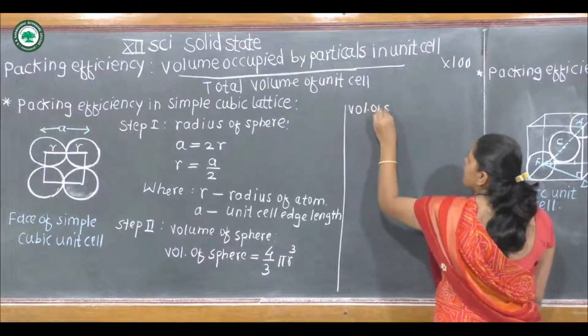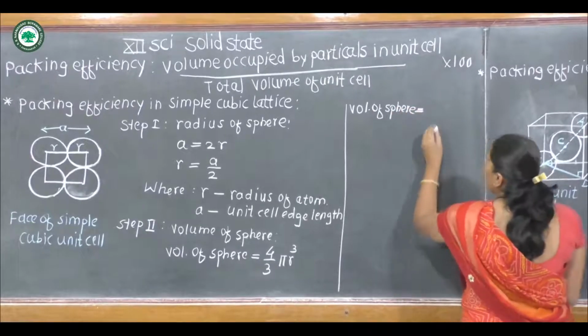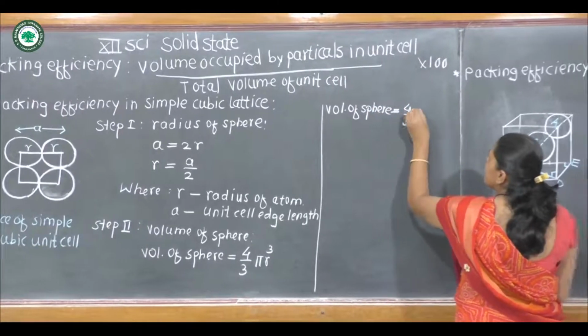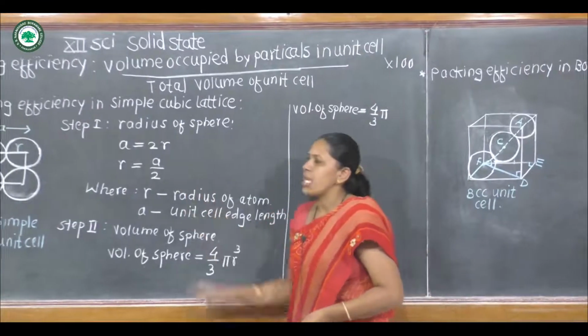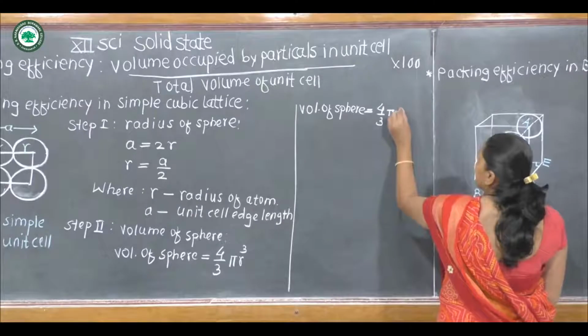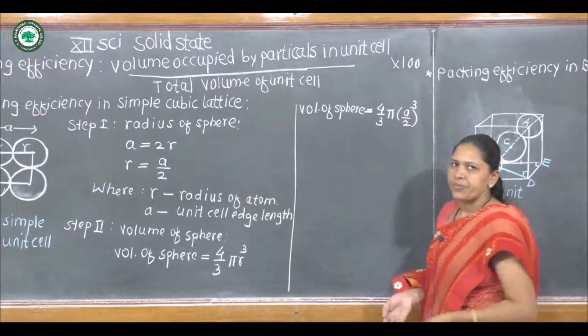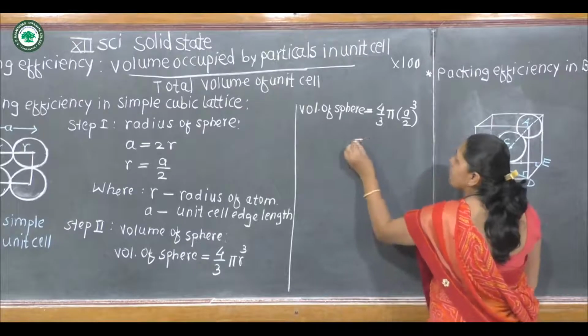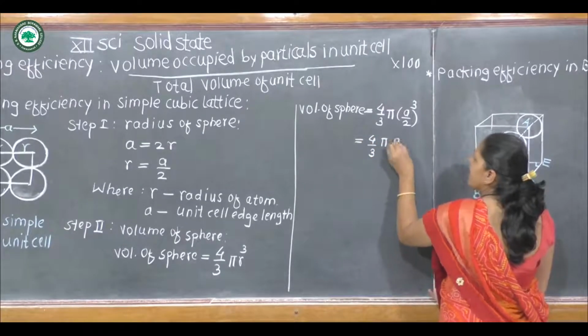volume of sphere is equal to 4 by 3 pi. What is the value of r? r is equal to a by 2. Therefore, (a by 2) cube. Then simplifying this equation, 4 by 3 pi a cube.